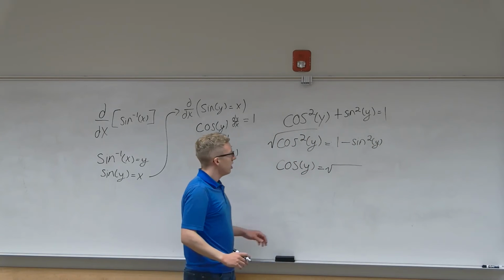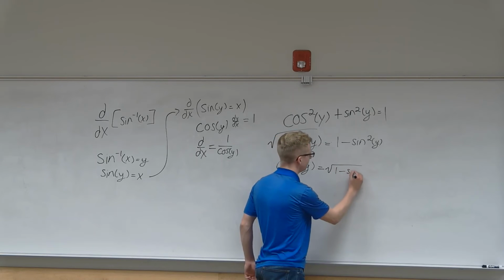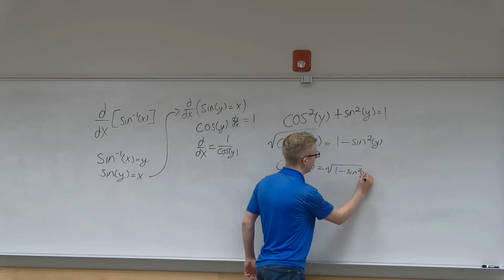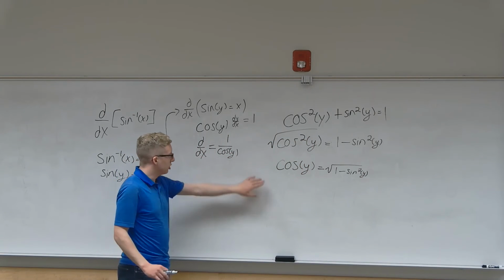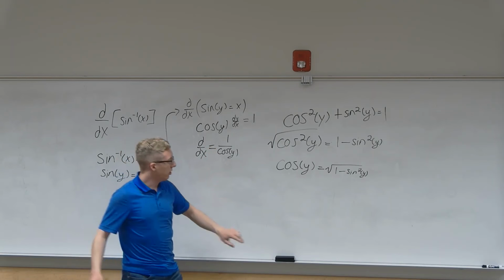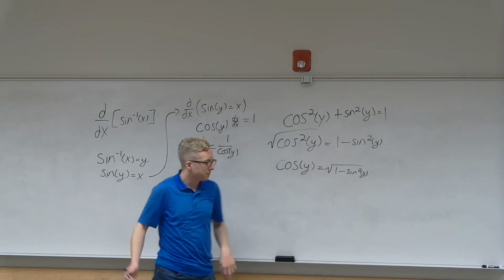Apologize for that. So now we have the square root of 1 minus sine squared of y. Okay, so that's nice. And again, it will be tempting to just plug that in here, but look, we still have it in terms of y and we need it in terms of x.